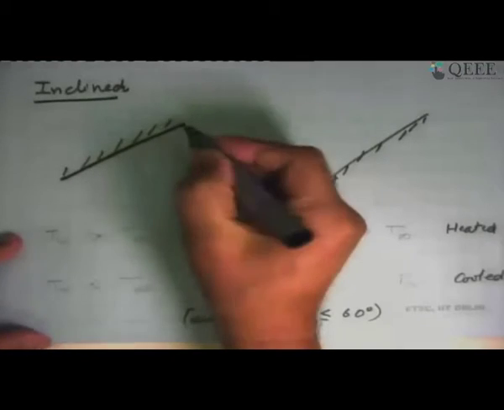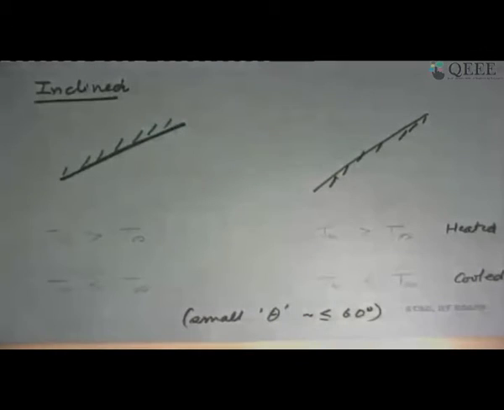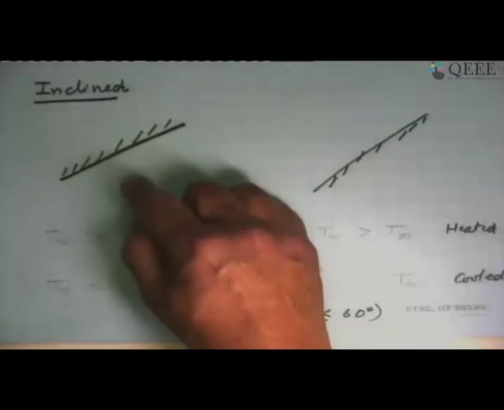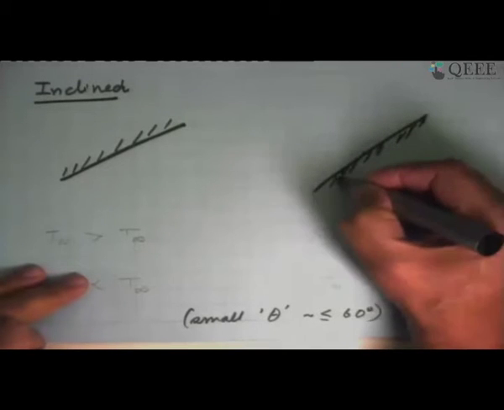So this is the plate, the back part of the plate is insulated and the heat transfer surface is looking downwards. In this case, this is the plate which is insulated and the heat transfer surface is on the upper side.